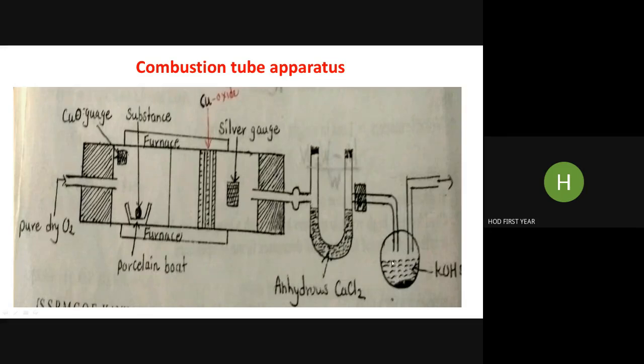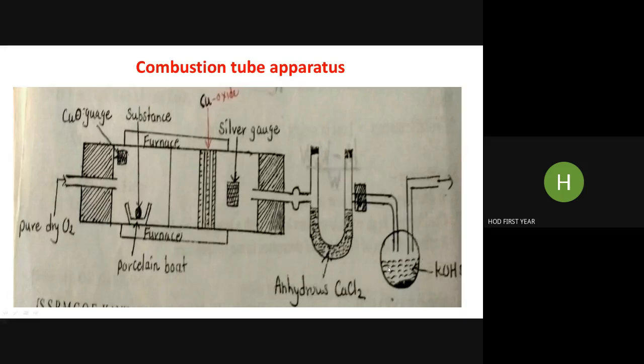At the end of the experiment, this tube and bulb are detached from the combustion tube and their weights are taken. After weighing, we come to know the increase in weight: final weight minus initial weight is the increase in weight of the calcium chloride tube.